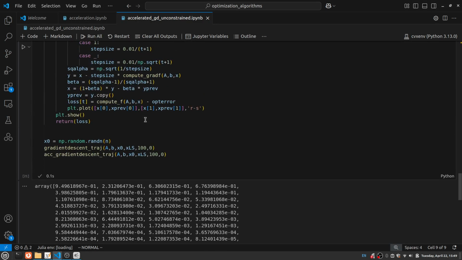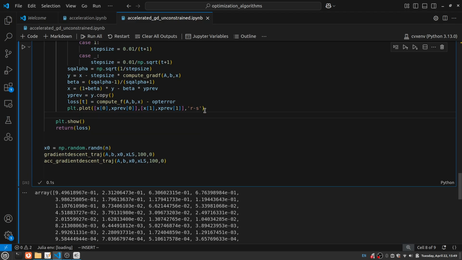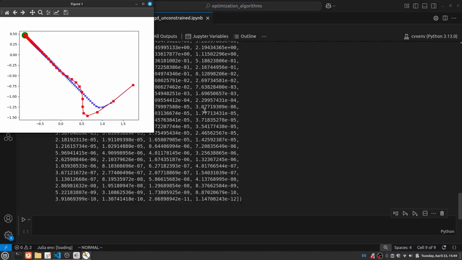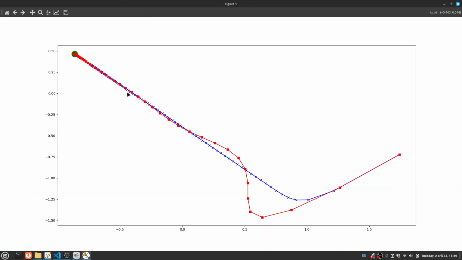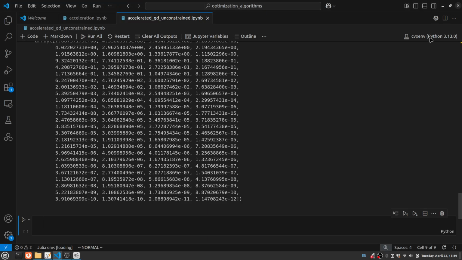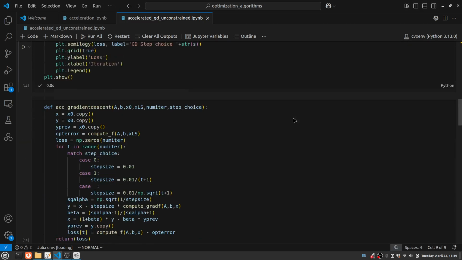In this case, accelerated gradient descent is in fact behaving quite nicely, I would say. But in general, it can behave a lot more weirdly.